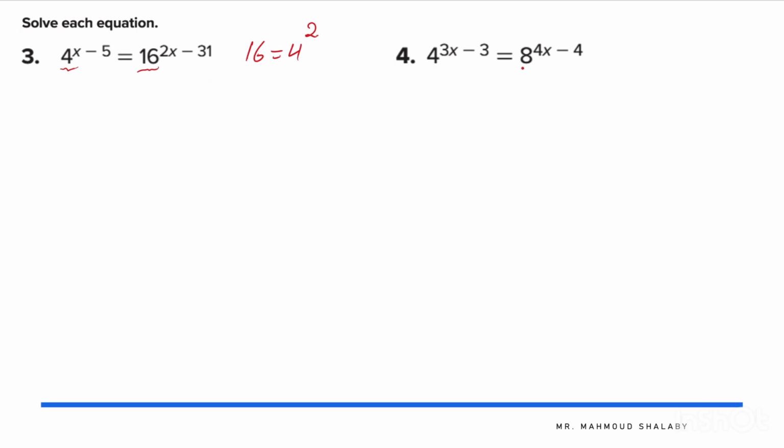Let's see, this question is a bit different. Here we have 4 and here we have 8, so I will think: can I rewrite 8 as 4 to the power of something?